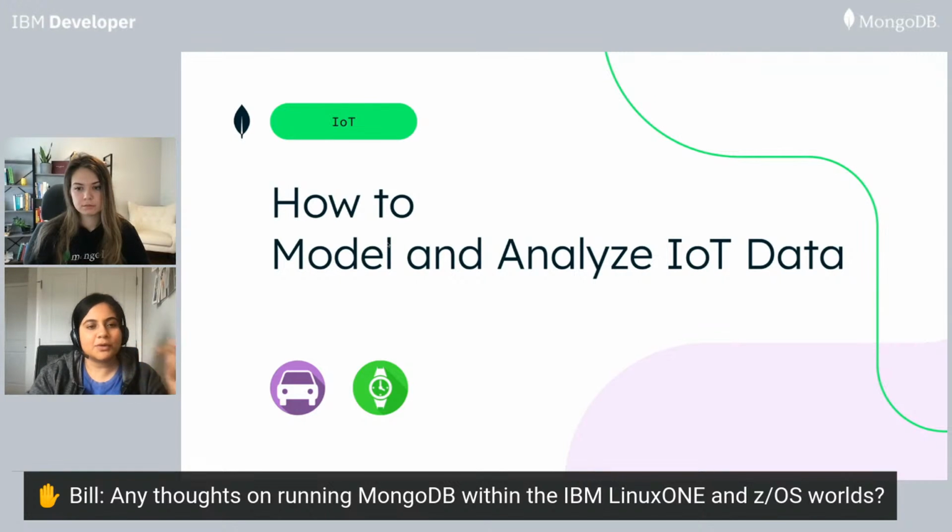Awesome. Yeah, we have one other question from Bill, and I feel like maybe this is something that I can answer, about MongoDB within the IBM LinuxONE and the z/OS world. So, yeah, we can definitely run Mongo through OpenShift operators. We'll be showing a little bit of what that looks like as I walk you through the Red Hat Marketplace, and how to get a MongoDB operator.